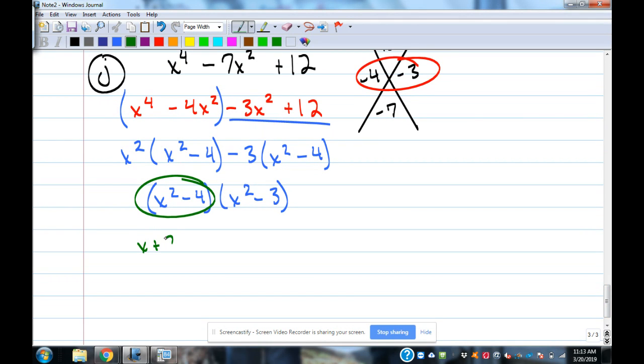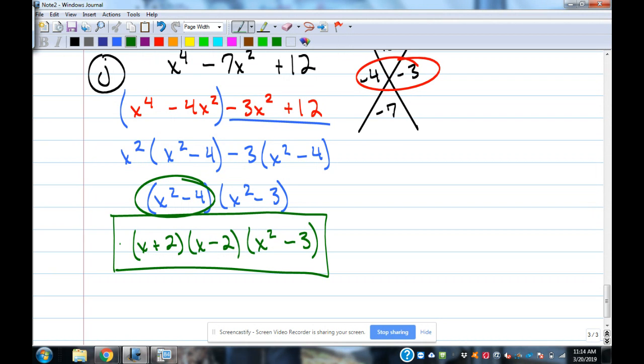So it's x plus 2, x minus 2. And the x squared minus 3 is not a difference of squares because 3 is not a square number. So you can't go any further with that. And that would be the factored form for that polynomial. So a higher degree polynomial, but still using the x method to factor it is the strategy we're using there.